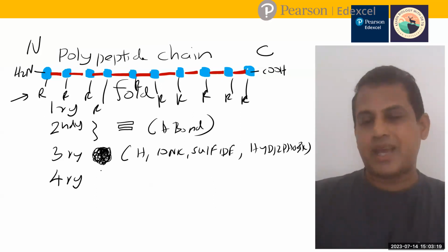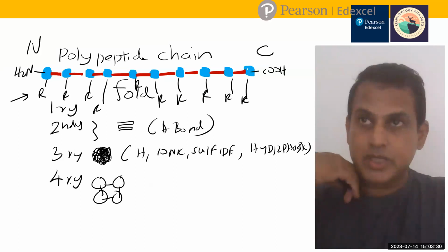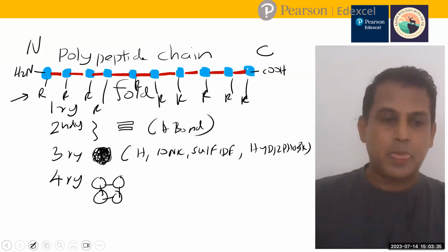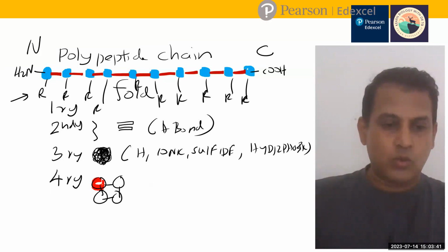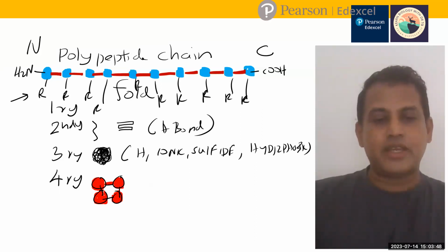Quaternary structure is a combination of several tertiary structures. Here you can see the quaternary structure has one tertiary structure, two tertiary structures, 3 and 4, and they are bound together chemically.